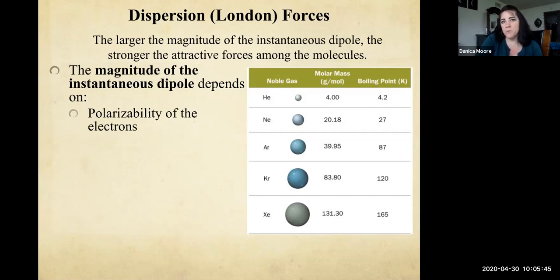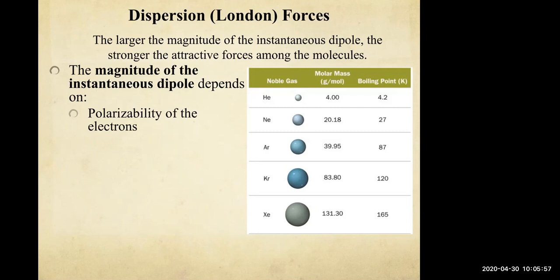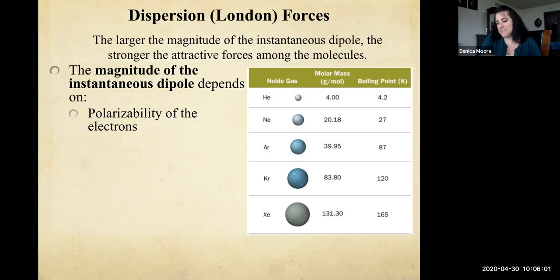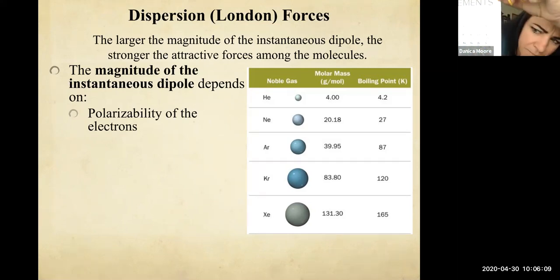Bromine, what phase is bromine? Liquid. And what about iodine? Solid. Sorry. You guys see that?